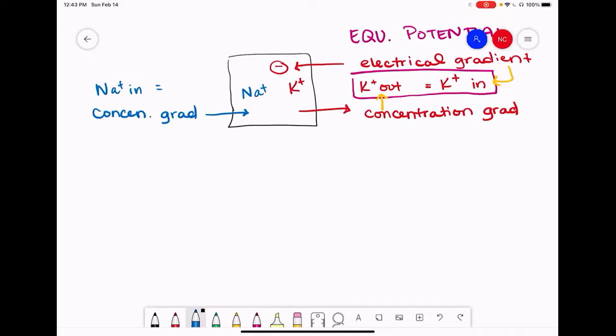I need to be negative. There's too much positivity and we need to push out the sodium that's inside, right? So this positive charge that accumulates as sodium is pulled in is actually going to push it out of the cell, and that's the electrical gradient.